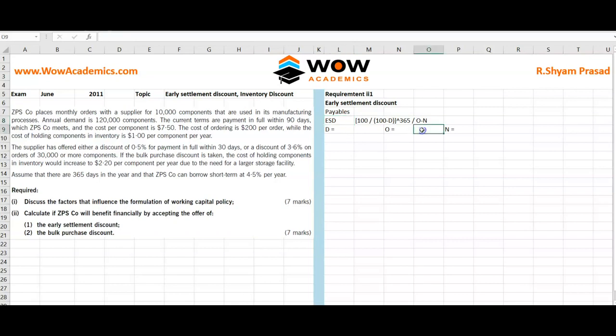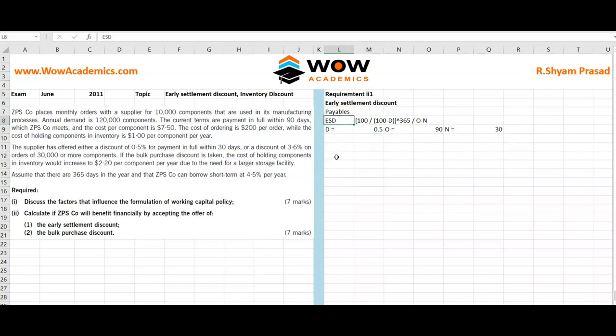Normally he gives us 90 days of payment delay, but now he says if we are able to pay in 30 days, he will give us a discount of 0.5%. So if we pay early in 30 days, we'll get this discount. Our job is to compare whether we can accept this or not.